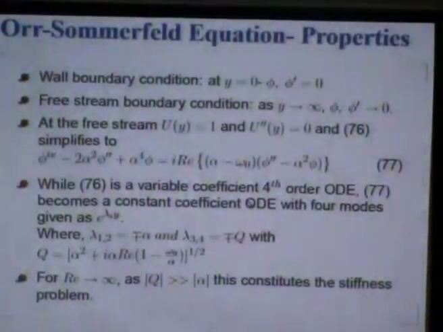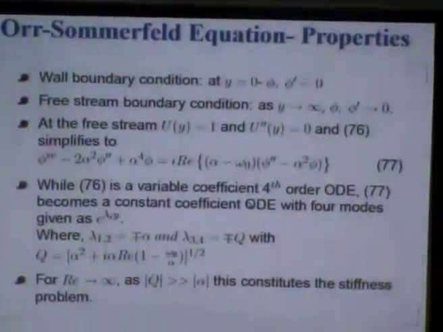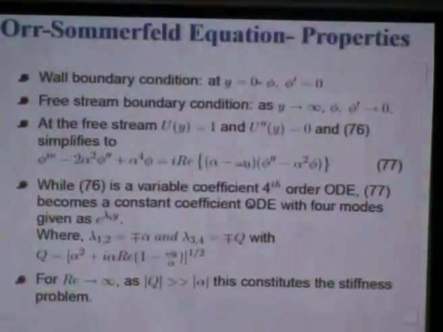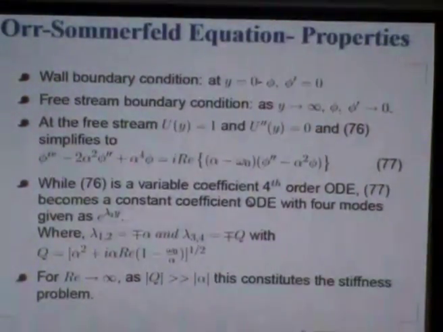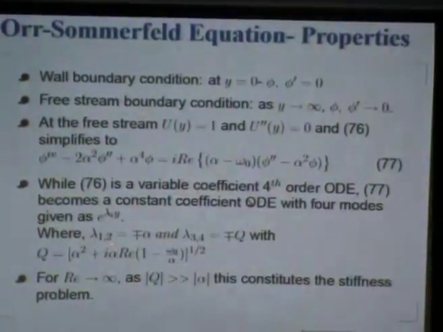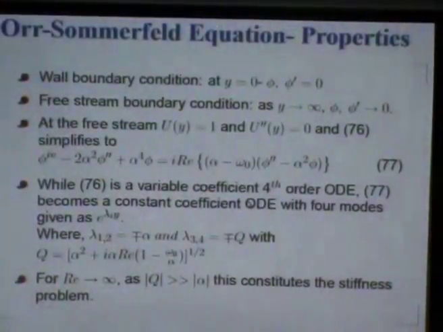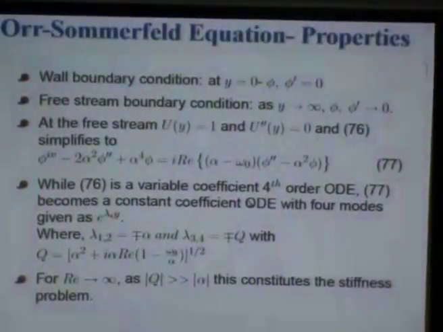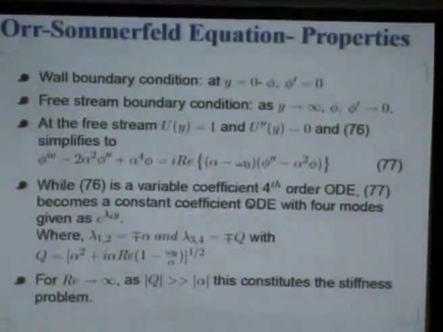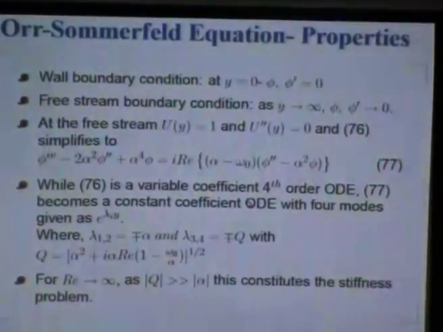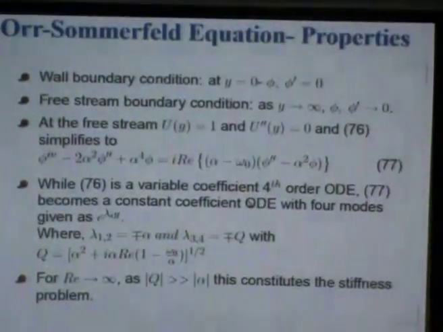And once you get that, it is easy for you to start off with a given mode like this, e to the power lambda i y, plug it in this equation, and then you would get a polynomial for lambda, and 2 of the roots you will see are given by minus and plus alpha, and 2 of them are given by minus and plus q, where q is this.